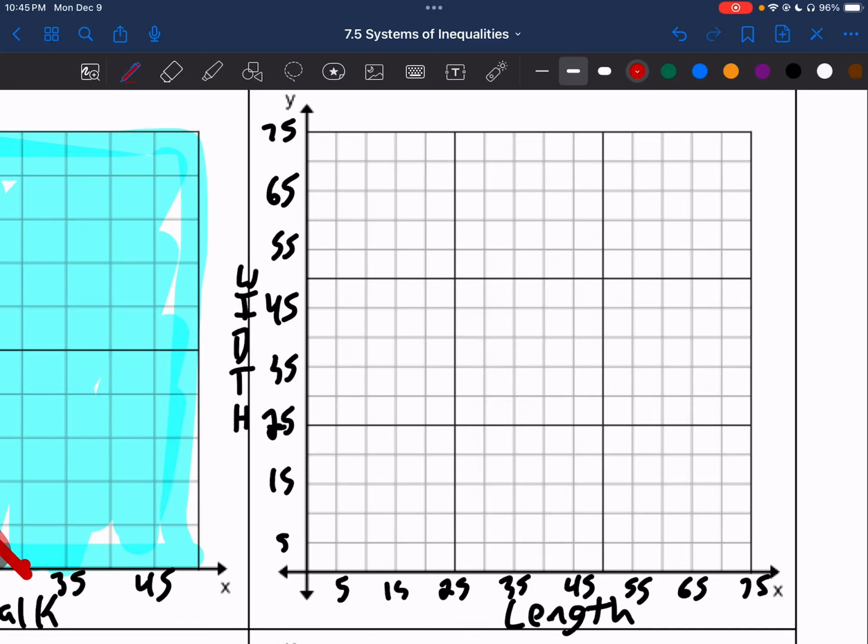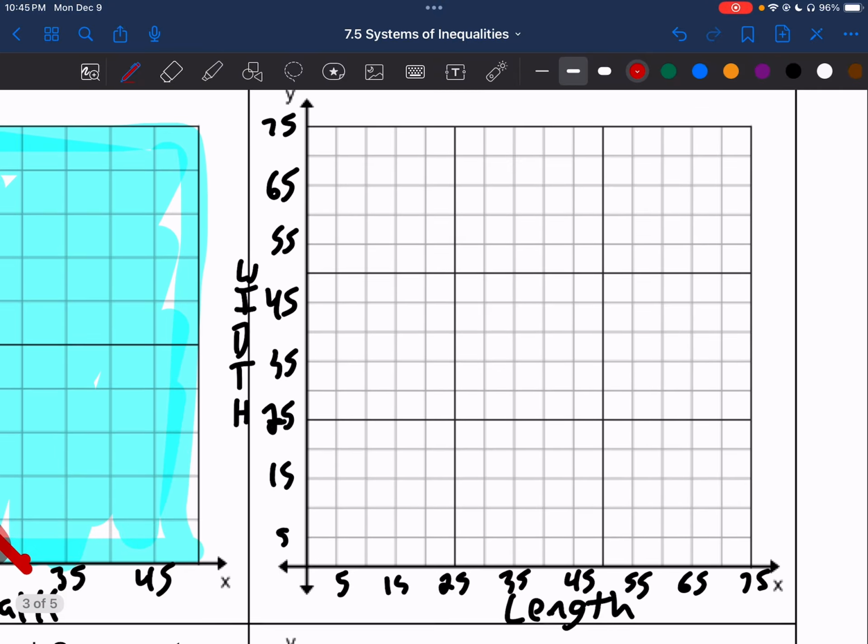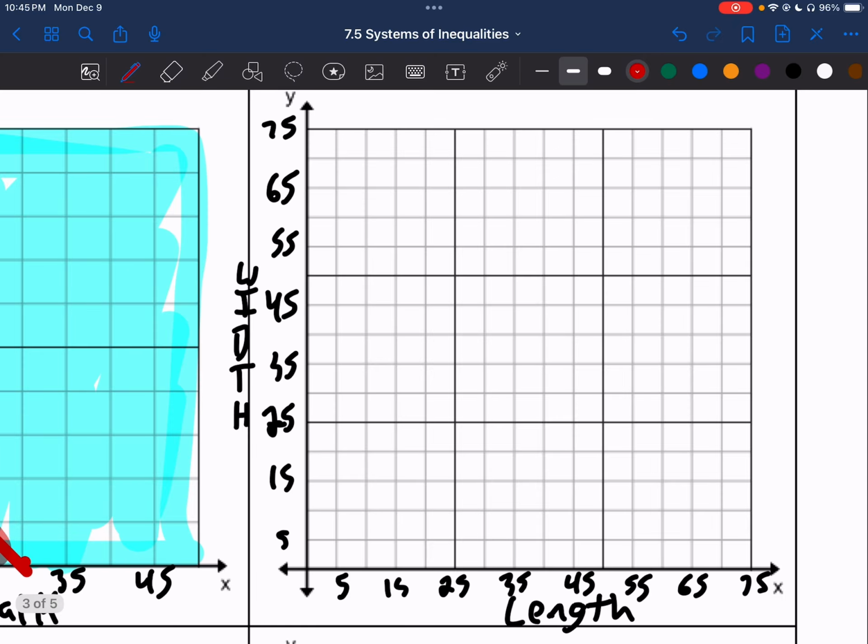So my first one, I said that y is going to be greater than or equal to 10. So that has a horizontal line at 10. When I put my point at the y-intercept of 10, the slope of 0, this one will have an arrow at the end because we can go to infinity in that direction. Does it make sense that way?